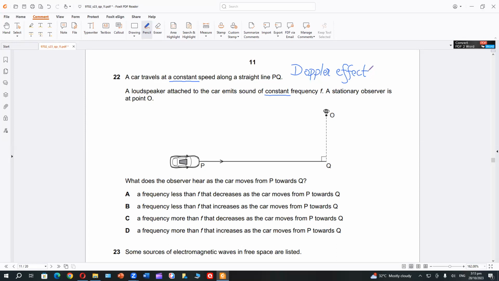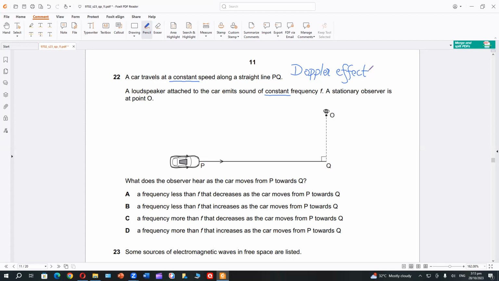What does the observer hear as the car moves from P towards Q? So the car is going towards Q. So the car is getting closer to position O, but actually the car is not approaching directly towards O, but it's going to pass ahead of that point. Will it be D?